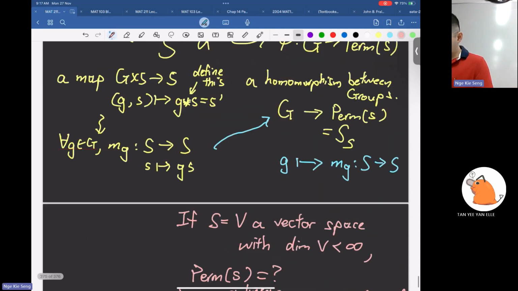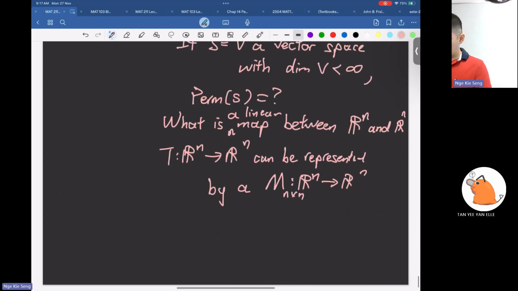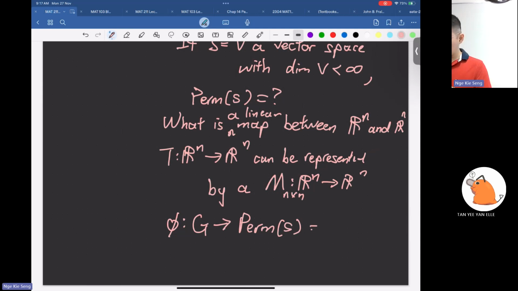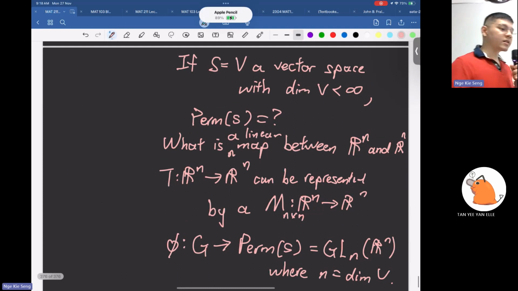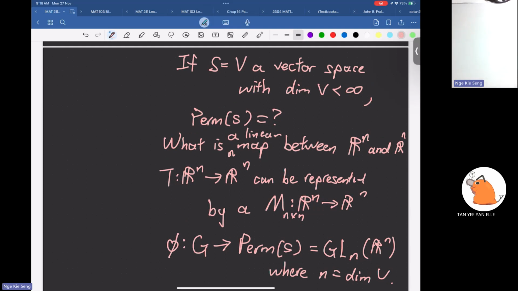So if V is a vector space, then phi from G to Perm(S) is just GL_n of R^n, where n is equal to the dimension of V. This is what we call representation theory. Representation theory studies groups in terms of matrices, and this gives a representation.